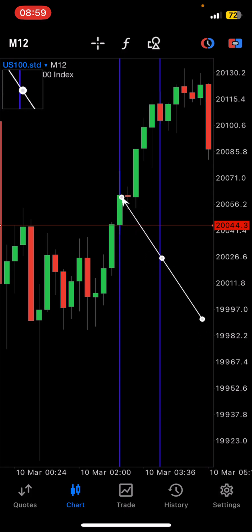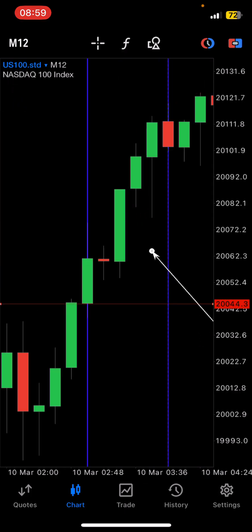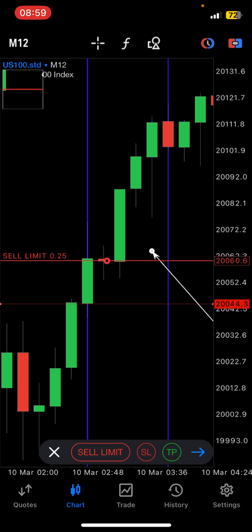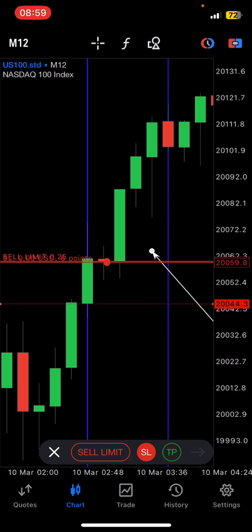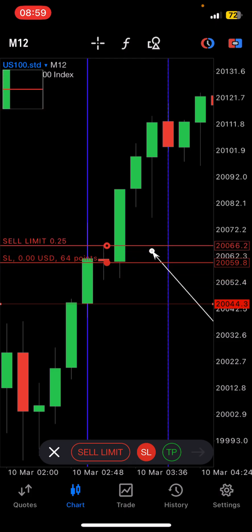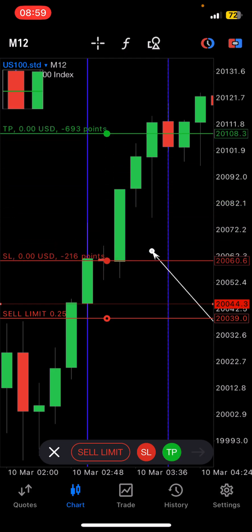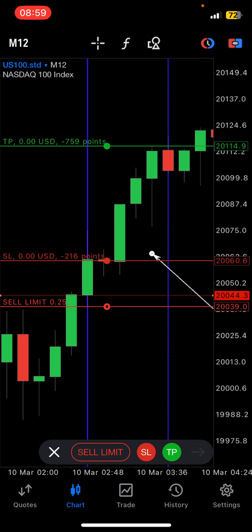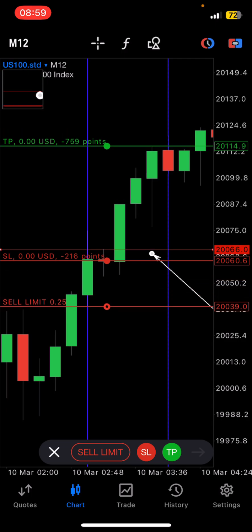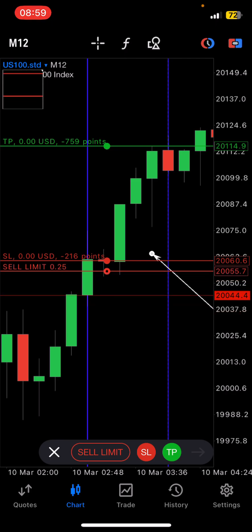First candle is an up close candle, so you know what that means. I am buying on the next candle, and I put my stop loss here, and then we close there. That's a mistake there.